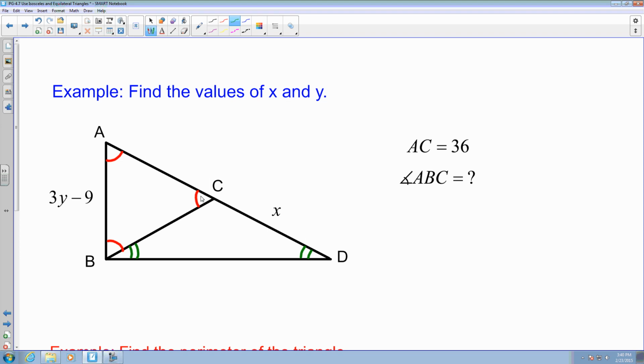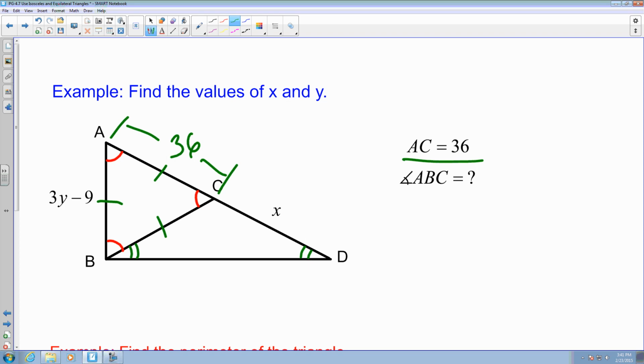In this example, they want us to find the values of x and y. So I look over here, and the one thing they do tell us is that AC is 36. So AC right here is 36. And I look at this triangle ABC, and I identify that all of the angles are the same, so that means that this is an equilateral triangle.